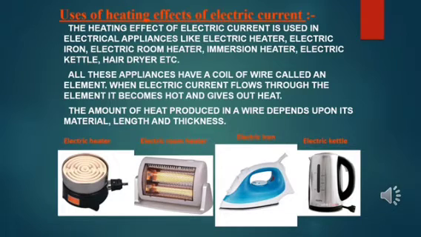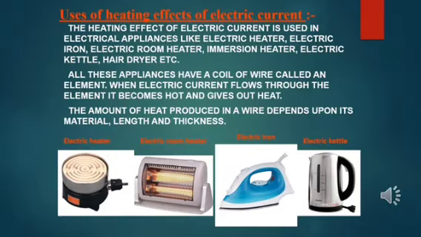There is collision and there is transfer of energy, due to which the atoms inside that wire start vibrating in their places, and then eventually heat is produced. Have you all understood? So this is why there is production of heat when current passes through a conductor.